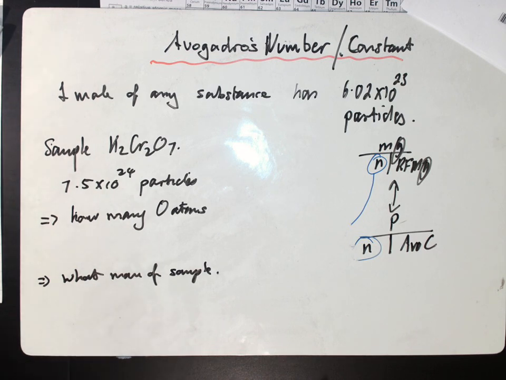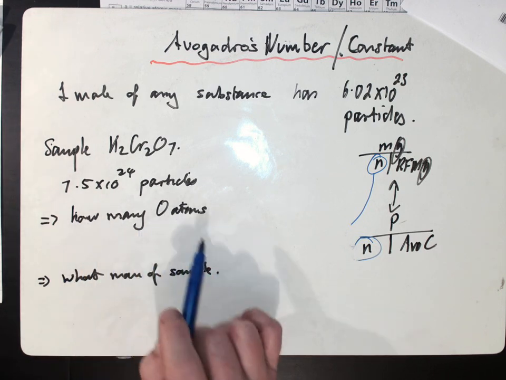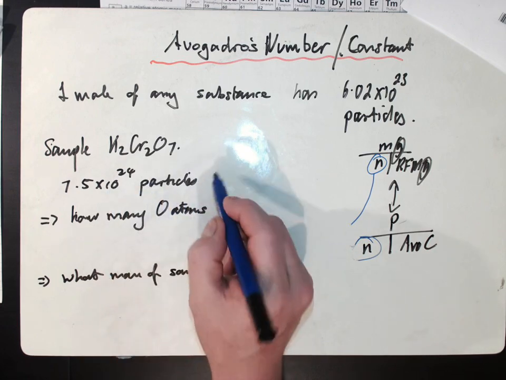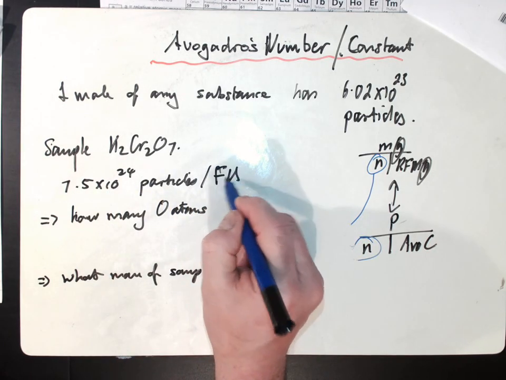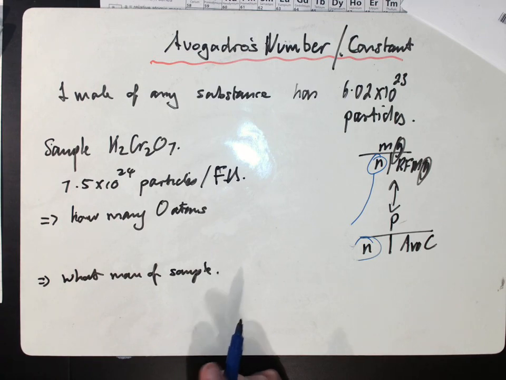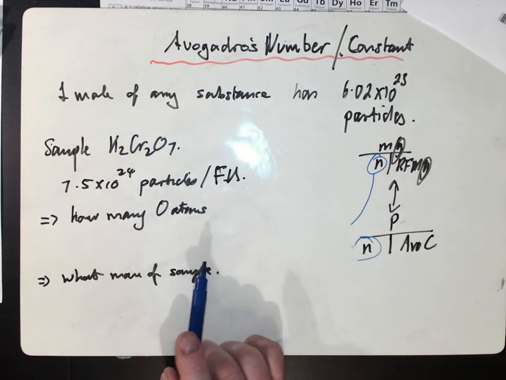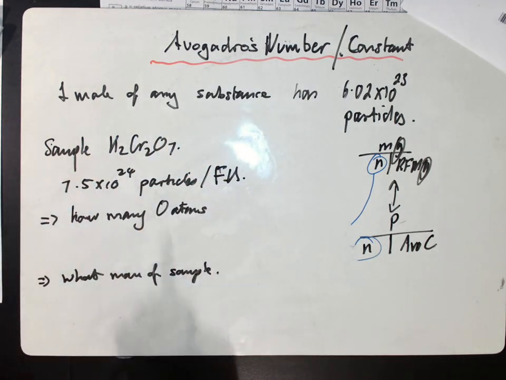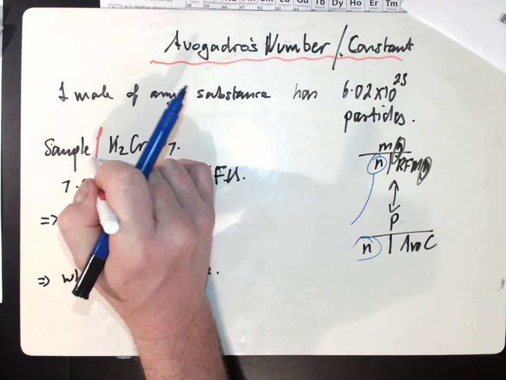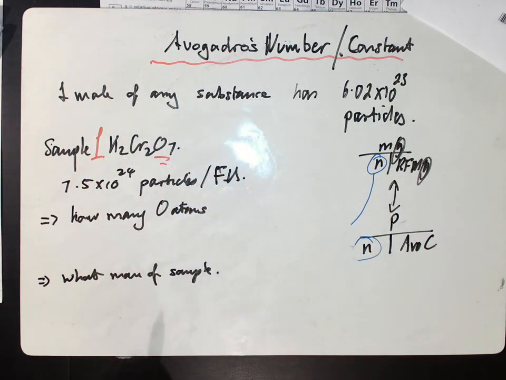So let's go first of all, well, how many oxygen atoms? So we've got this number of particles, stroke formula units. Okay, so the whole thing, we've got that number of those. Well, the key thing that we need to work out here is that every one of those has got 7 oxygens.